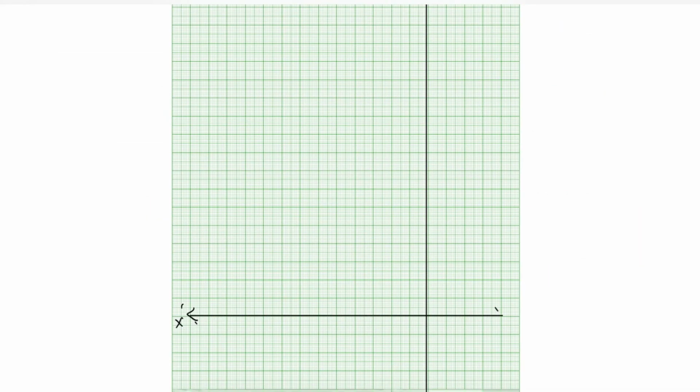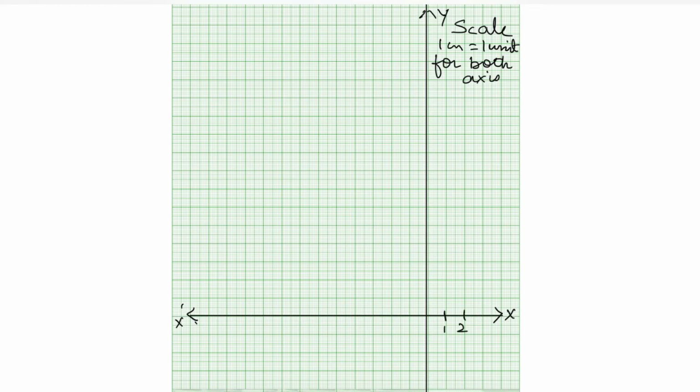So this is my graph paper, x-axis and y-axis. So scale would be 1 centimeter is equal to 1 unit for both axes. Now let's mark on the number line. So this would be 1.